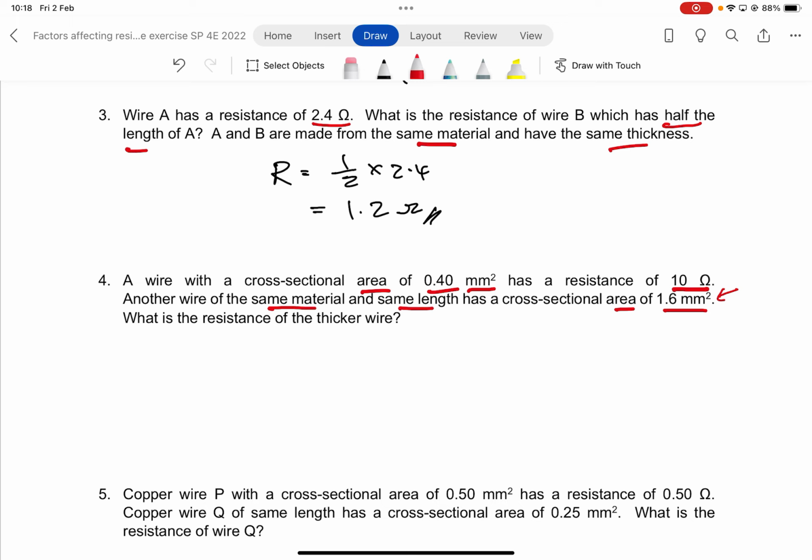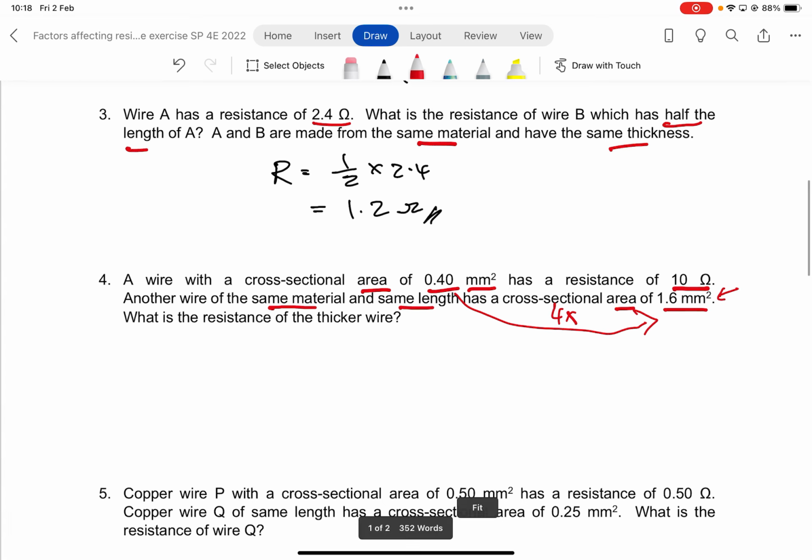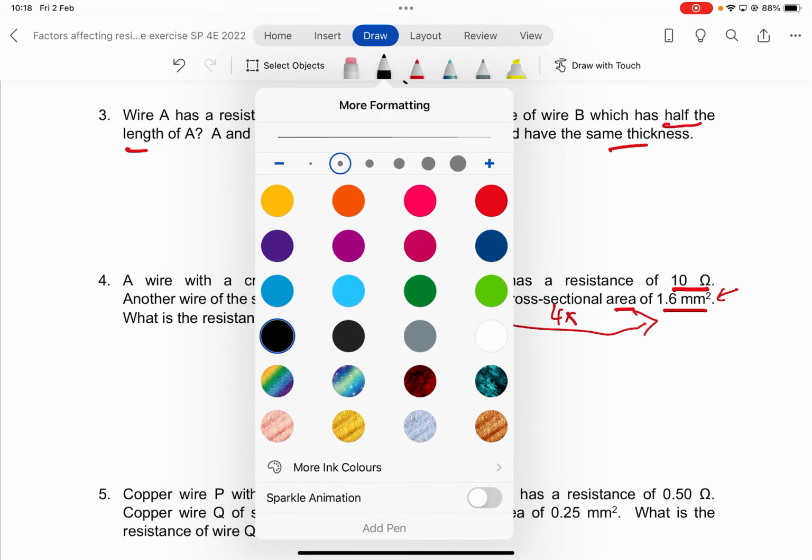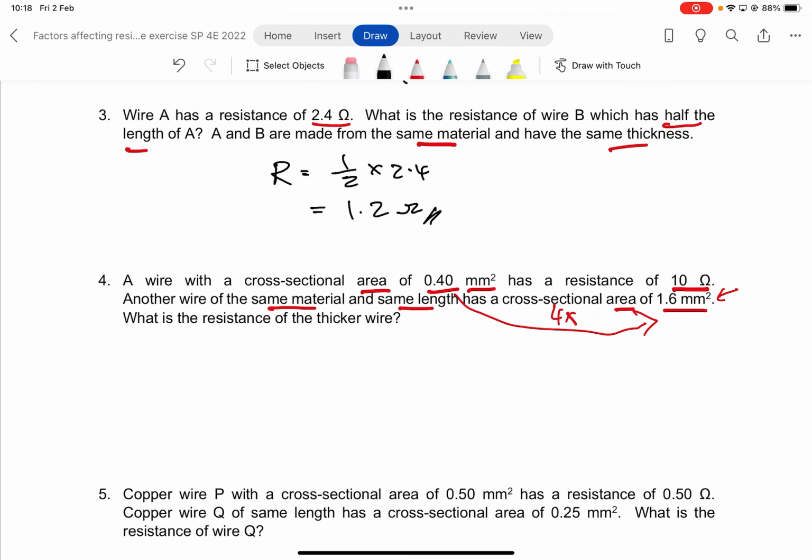And you can see that from 0.4 to 1.6 is 4 times, right? So let's use the longer method. The method that I recommended, let's call it R1. Since they didn't give it a name, I just call it R1. So rho L over A is 10 ohms.